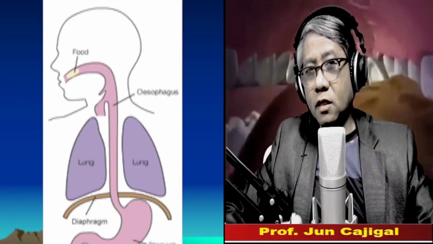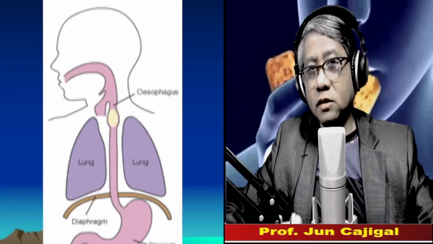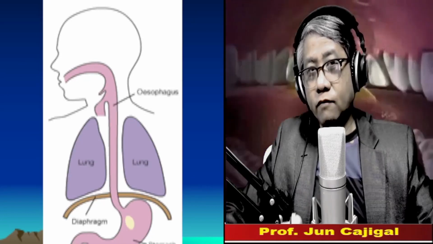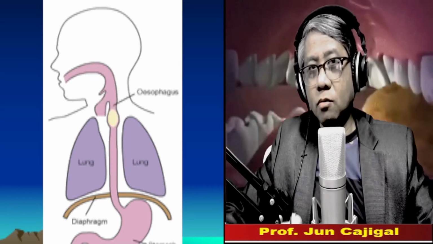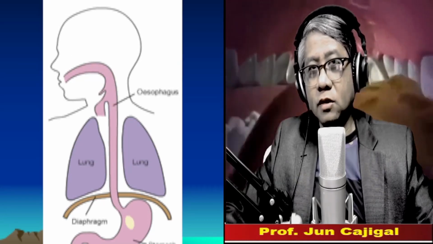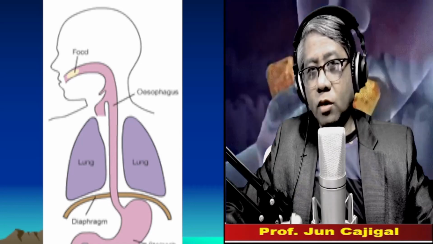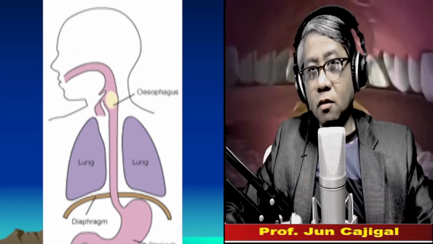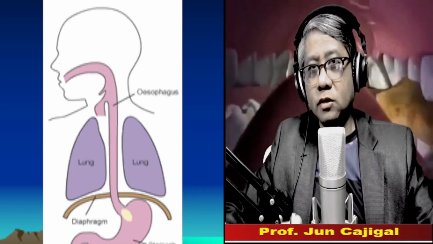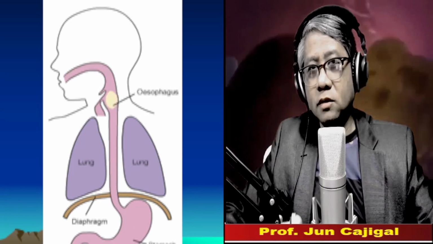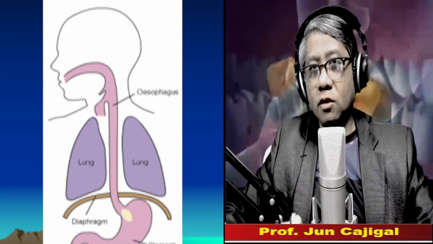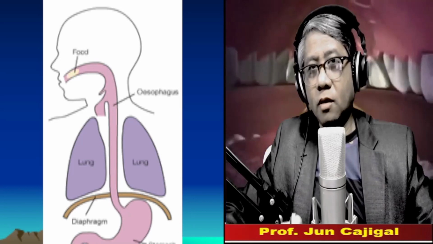So food is taken in by the body, that's ingestion. Once food is taken in, that food must be broken down into its smallest units. Carbohydrates are broken down into monosaccharide units such as glucose. Lipids are broken down into triglycerides, and proteins are broken down into amino acids.